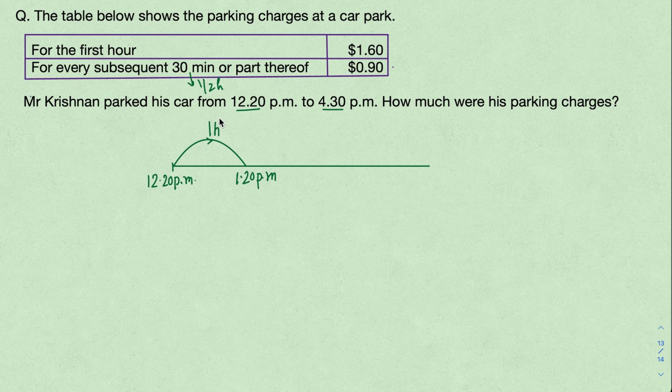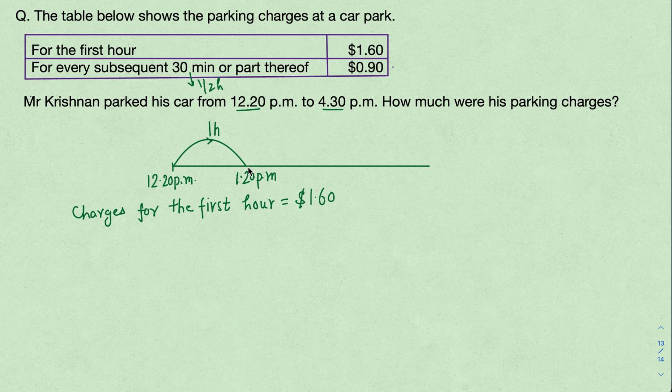Now, what will be the charges for the first hour? Let's write that as well. The charges for the first hour will be $1.60. Now from 1:20 p.m. to 4:30 p.m., how do we show it in the timeline?